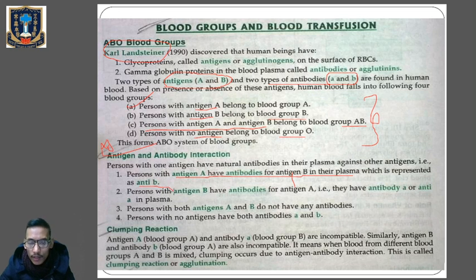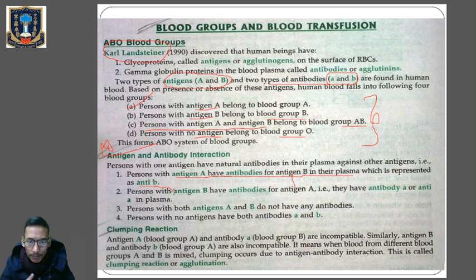Those individuals with blood group A have antigen A but antibody B, called anti-B. And those individuals with blood group B have antigen B, but the antibody will be A, or anti-A.